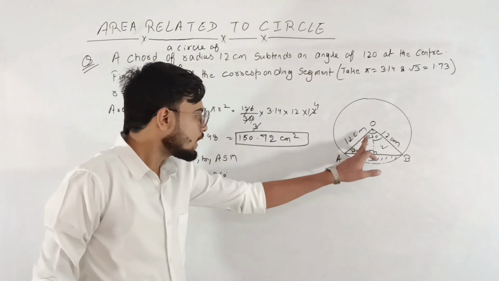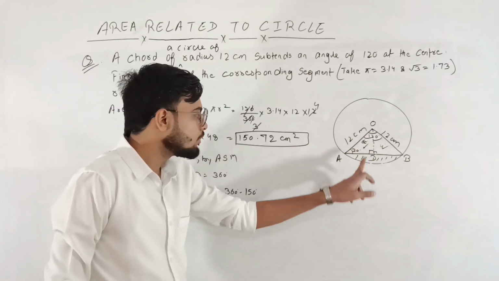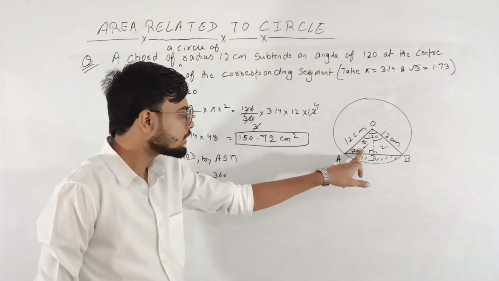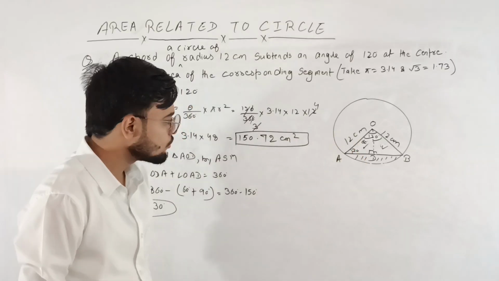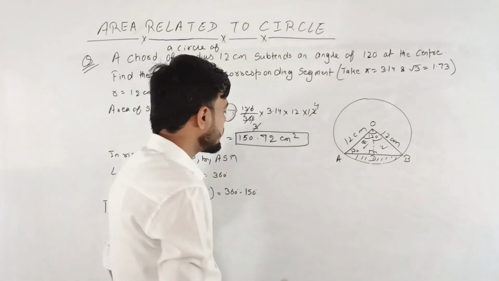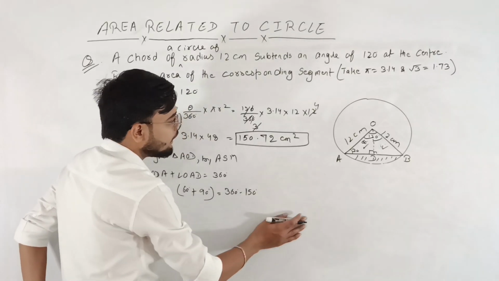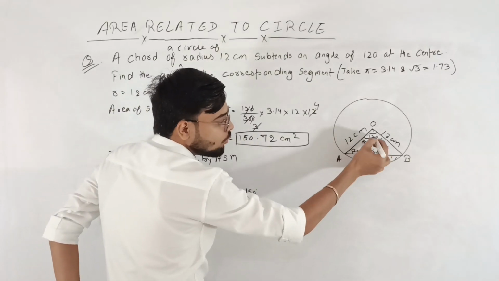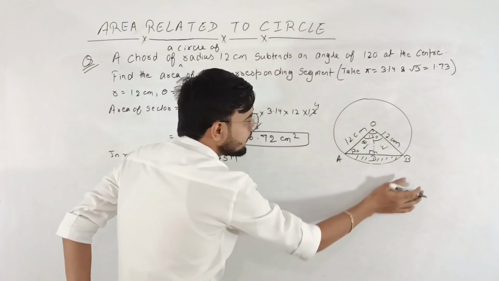Now look here, in this triangle ODA, this 12 centimeter OA is the hypotenuse. Okay, and we have this angle 30 degrees. So we take sine theta. We use trigonometry, and sine theta is P upon H. So by using sine theta, we find OD, and OD is the height for this triangle AOB.